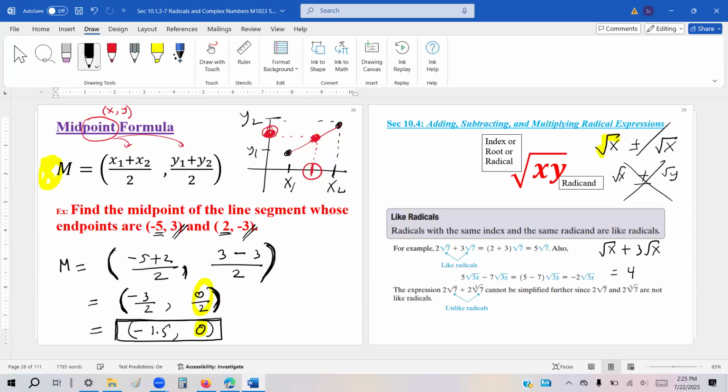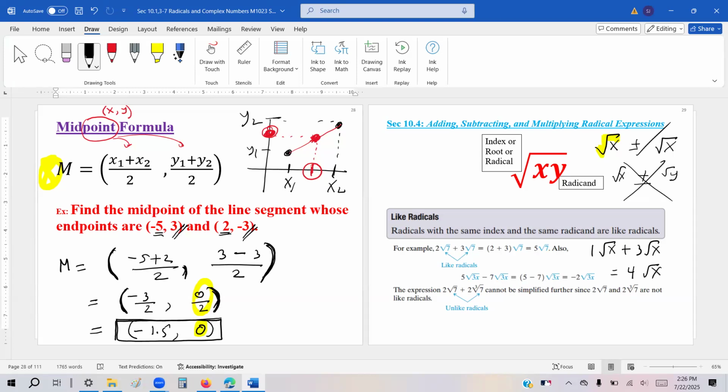So we get 4 square root of x. 1 from the first one, 3 from the second one. The combination gives us 4 of them. That's all you have to do. First, you have to observe if you have the same root with the same inside. If you do, add or subtract their coefficients, but leave the radical part next to the coefficient.